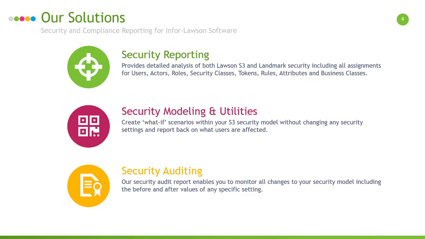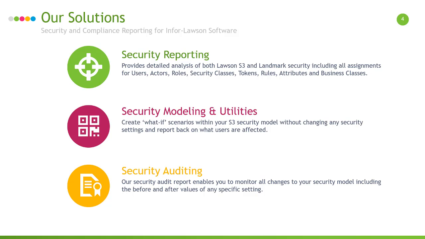It'll give you actor, role on the Landmark side. We also then do security modeling, specifically for the S3 product right now, that handles what-if scenarios. And if I want to build out simulations on changes to security and how that's going to impact my users, that's what our modeling application will do before you actually make any of the changes to security.